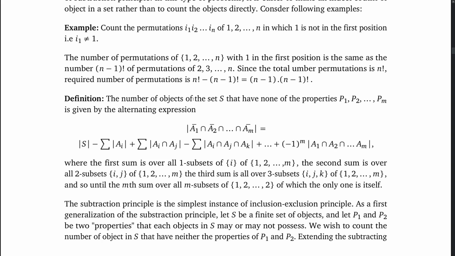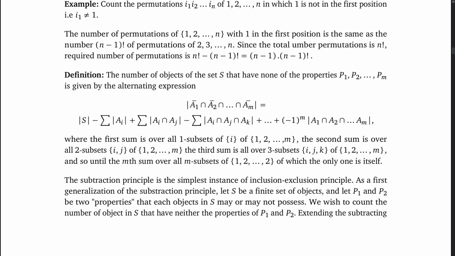The number of objects of the set S that have none of the properties P1, P2 through Pm is given by the alternating expression.